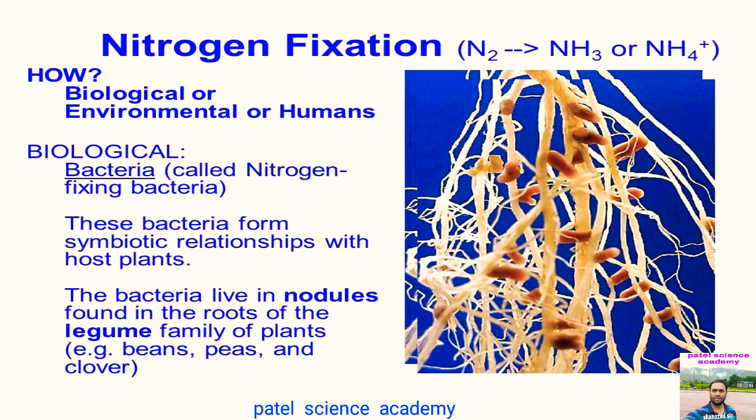For example, in the bean plants, in the pea plants, and in the clover plants, they reside in the nodules present in the roots of those leguminous plants, and because they fix atmospheric nitrogen in the nodules of those plants, that's why they are called nitrogen fixing bacteria. And what is symbiotic association?